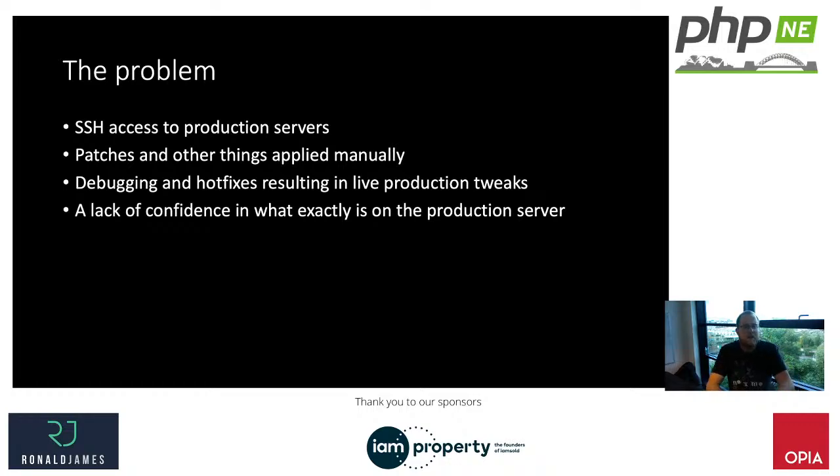Maybe it's a developer debugging an issue on an application, and as part of that debugging they realize that they need to make some live tweaks, so they go in and make a few small changes to that production server, and what you end up with is a lack of confidence on exactly what is running on that production server, because you're now not 100% sure what version of something is, whether there's been any manual tweaks either to the code, to the configuration, maybe there's been some other bits and pieces installed, you're just not 100% sure.